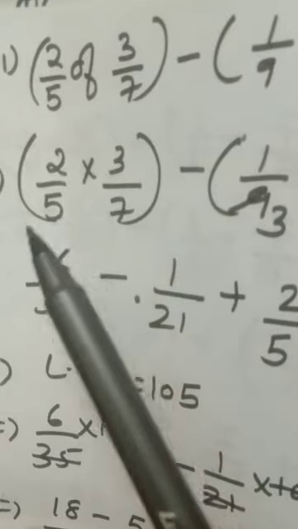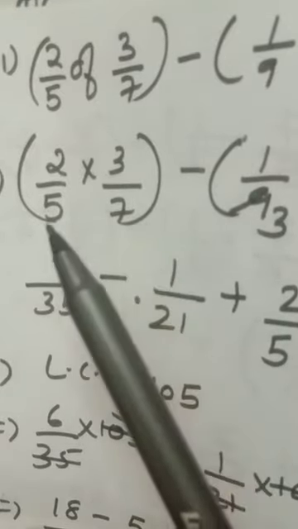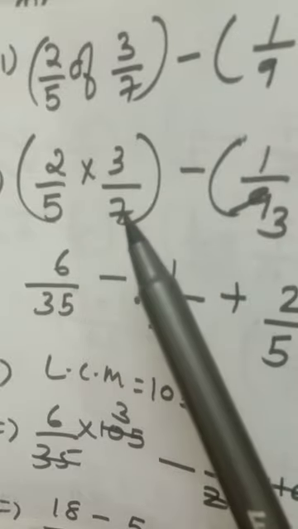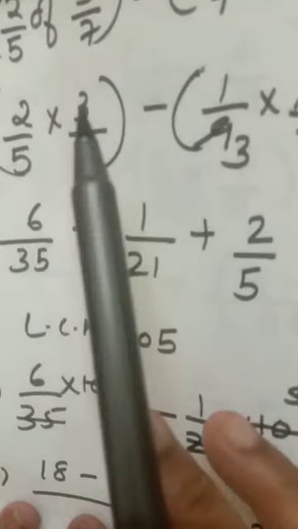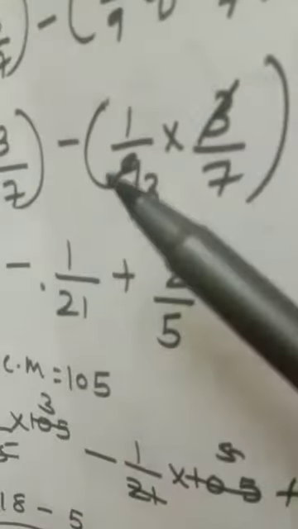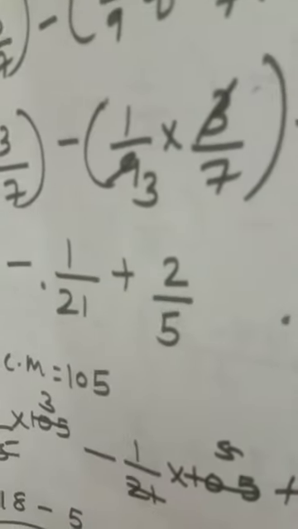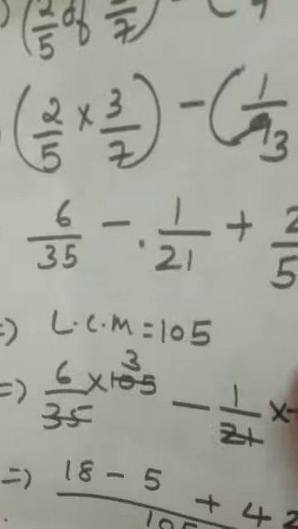Here no cutting numbers are there. 3 and 5 you can cut out, 2 and 7, so straight away you can multiply. Here you can cut out the numbers, 3 and 9, 3 threes are 9. Here also you can cut out, 17 twos are 34. 2 by 5.